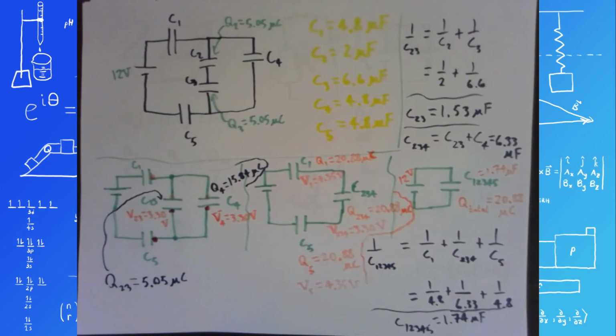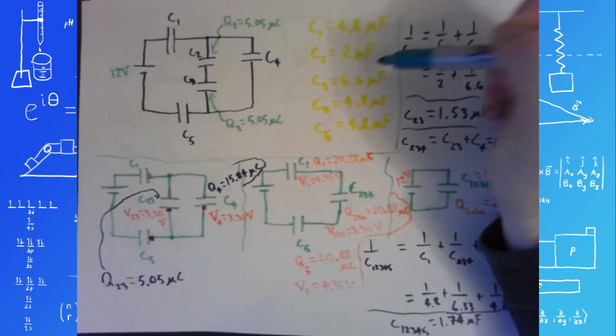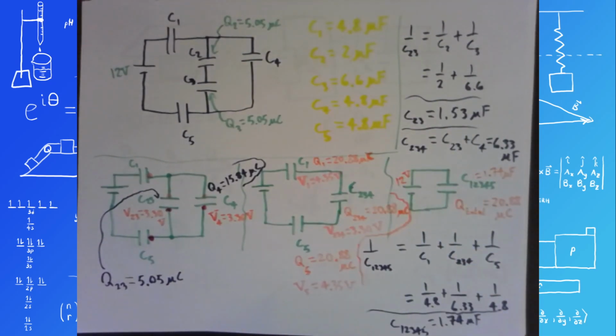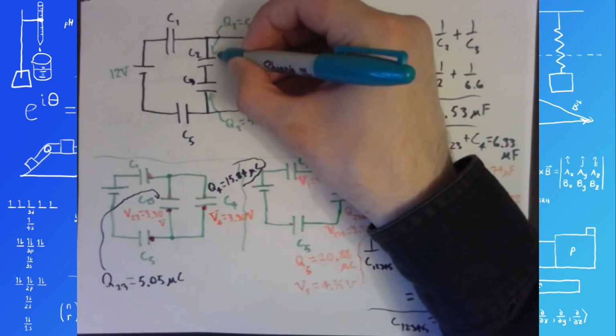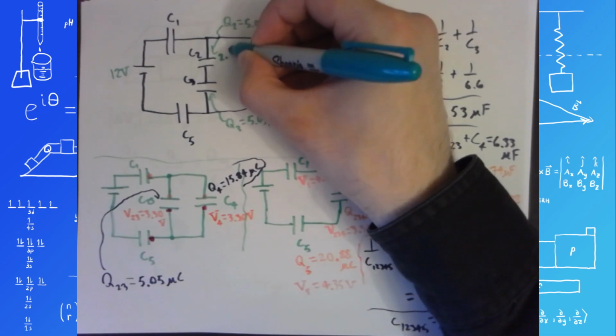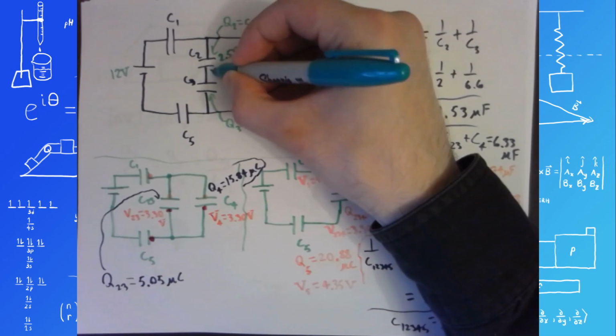Okay, V2 can be calculated from, let's see, C equals Q over V, which means V equals Q over C. So 5.05 over C2, 5.05 over 2 is 2.525, and I'll round it to 2.53. 2.53 volts must be V2.